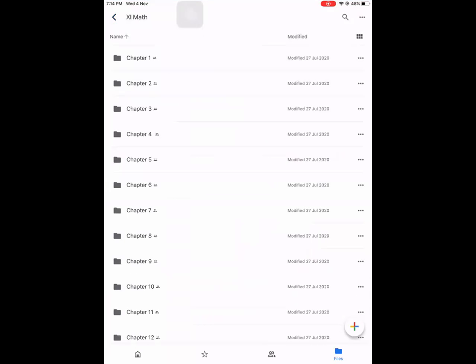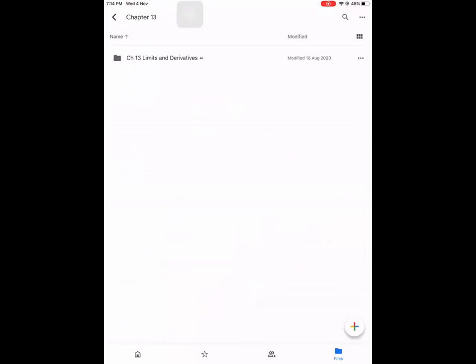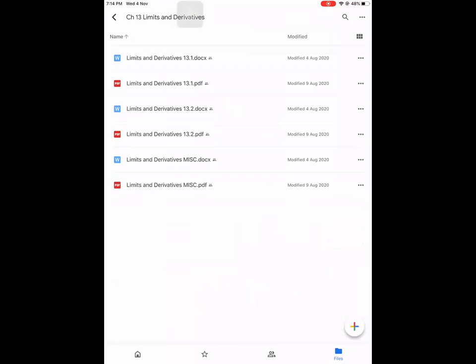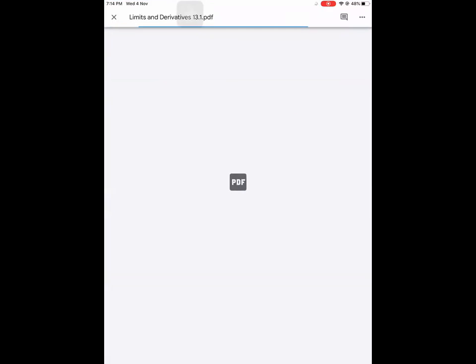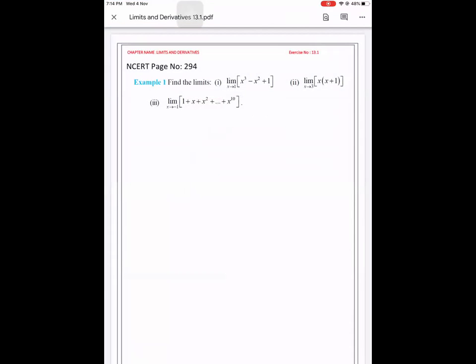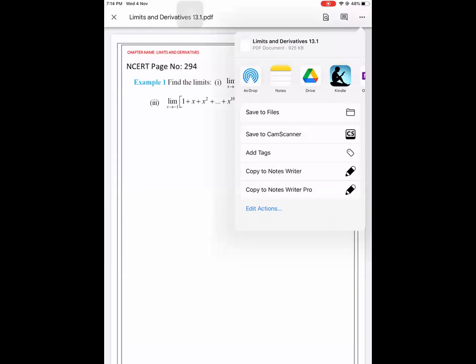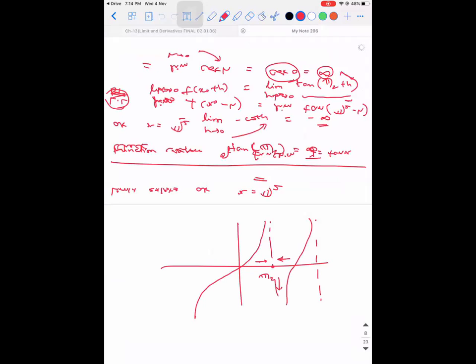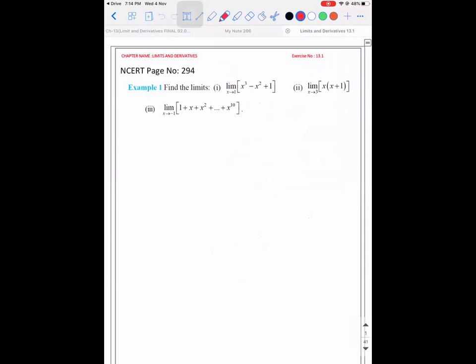So this is chapter number 30. Now listen. If the question is find the limits at a particular point, you can directly substitute that point and solve it.